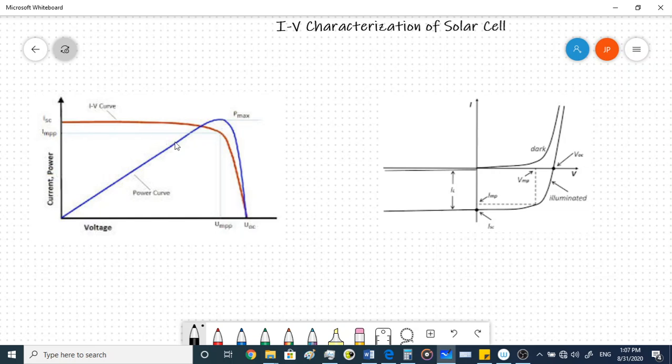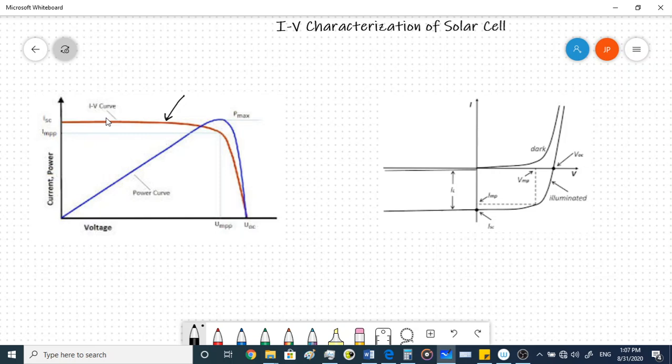This is the current voltage graph, the red one, or the IV characterization, by varying the resistance, right? So we basically plot the graph in this form for simplicity.